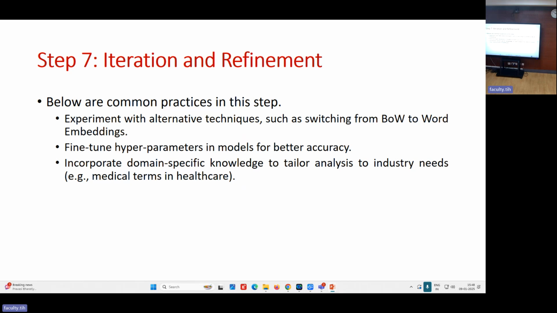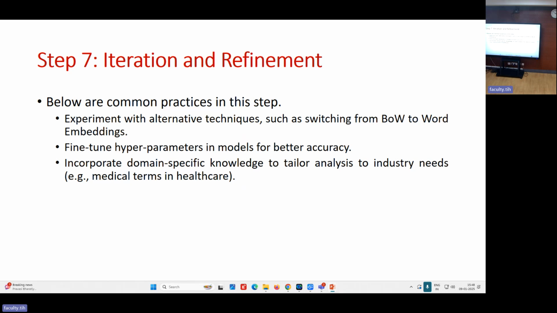Or you can fine tune your hyperparameters like learning rates or number of epochs, or anything else that comes into the category of hyperparameters. Or you can use more domain specific knowledge to tailor analysis to industry needs, right?